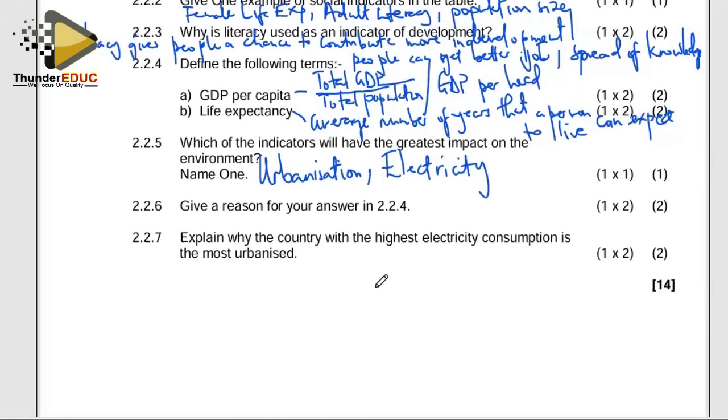Then it says, I'll give you a reason. I think we have been highlighting the reason. Urbanization. What is going to happen with urbanization? Urban areas cover large lands and there will be clearing of vegetation.